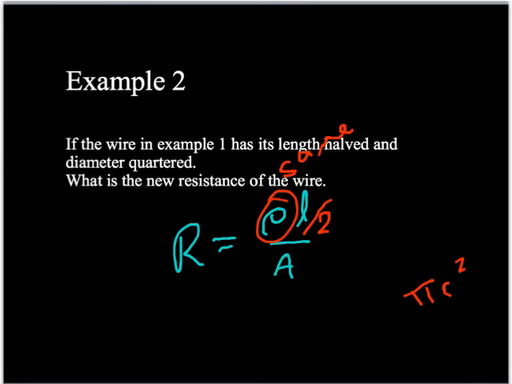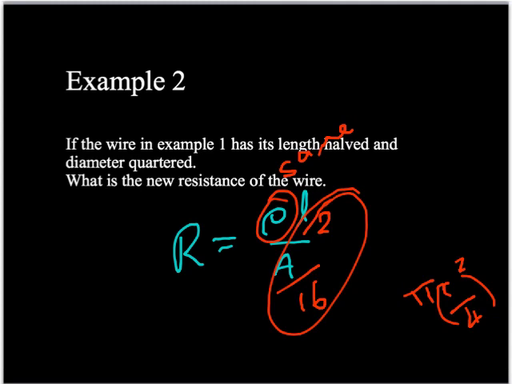So if we quarter the diameter, which is effectively the same as quartering the radius, then squaring that, we're going to have a big change. So what you've got to think about is, what is a quarter squared? Well, it's going to be 1/16, isn't it? So the area has actually gone down by a 1/16. And then you just combine those two values to see how much that resistance has changed by.